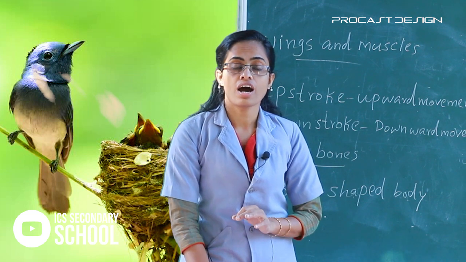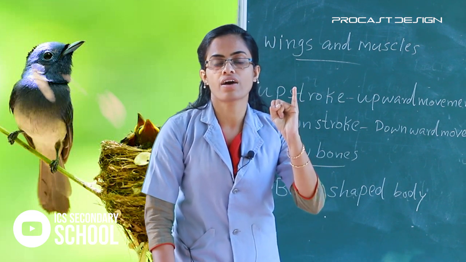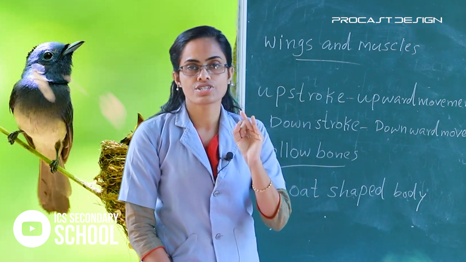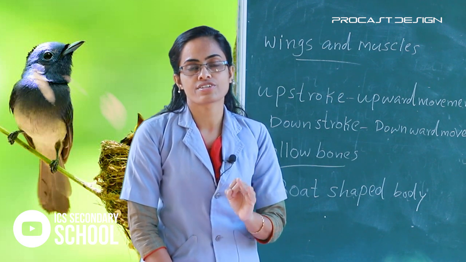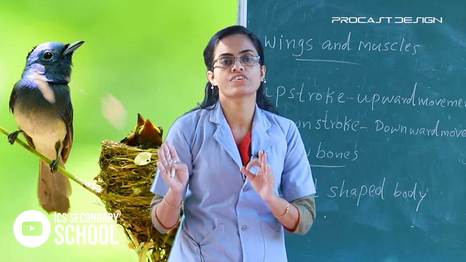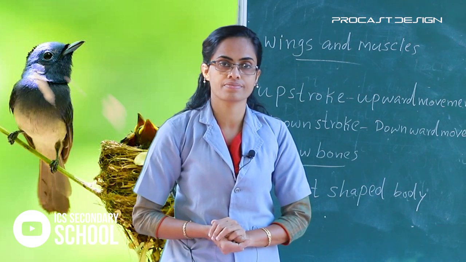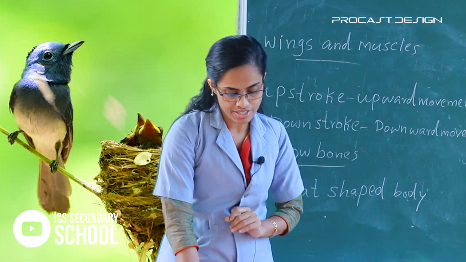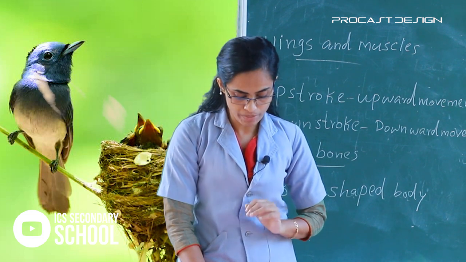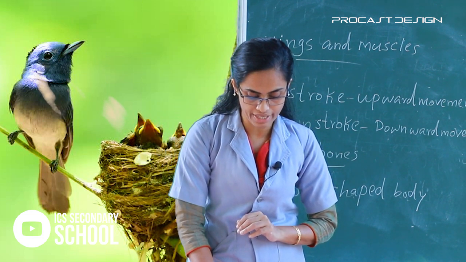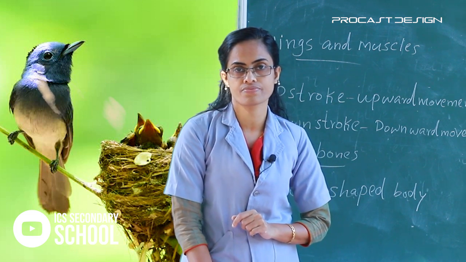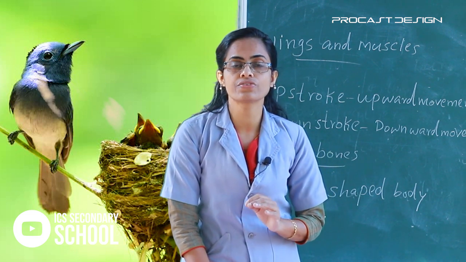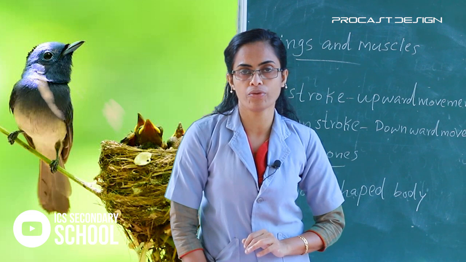And the feathers are of three types: contour feathers, down feathers and flight feathers. Then what are the features of these feathers? The contour feathers are small and fluffy, and the feathers covering the outermost part of a bird's body are called contour feathers, and they give color and shape to the body.